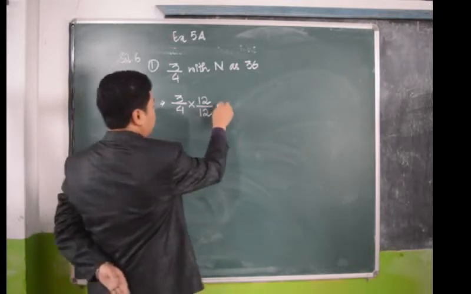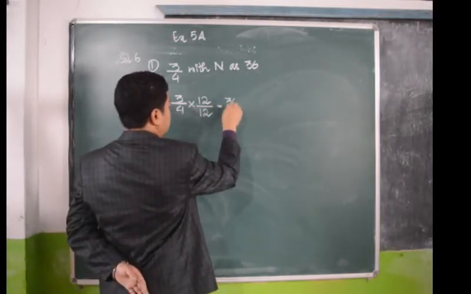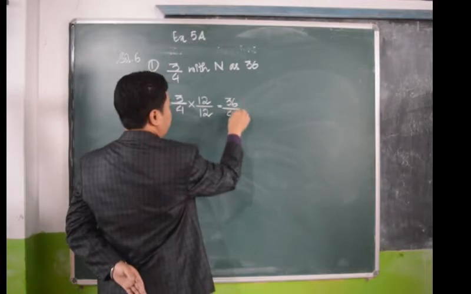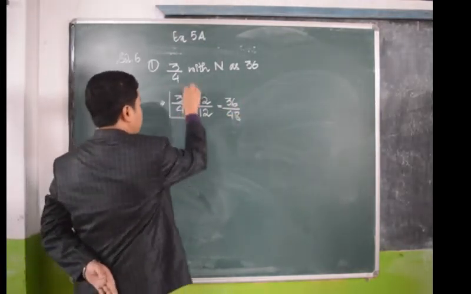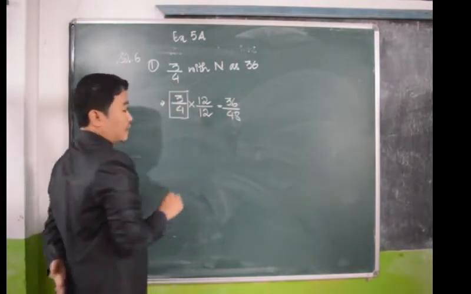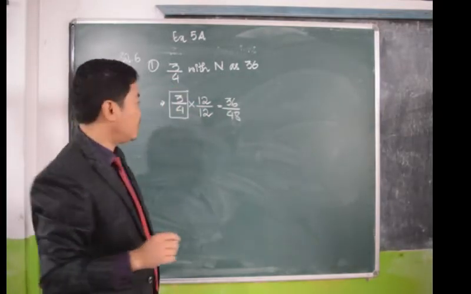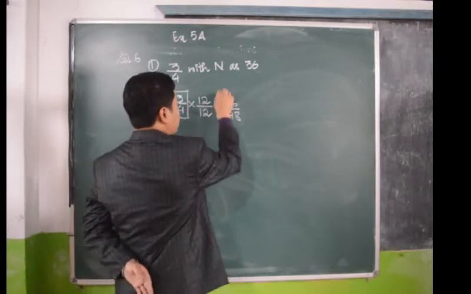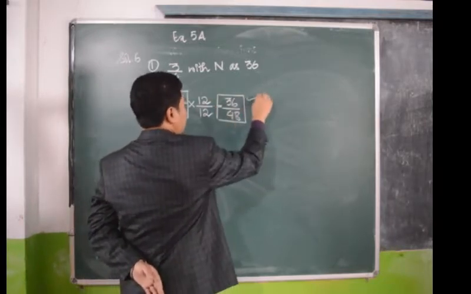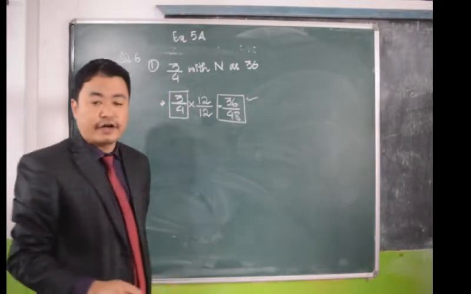Now 3 into 12 is 36 and 4 into 12 is 48. That means the equivalent fraction of 3 divided by 4, equivalent meaning with the same value, isn't it? The equivalent fraction of 3 by 4 with numerator 36 is 36 divided by 48.